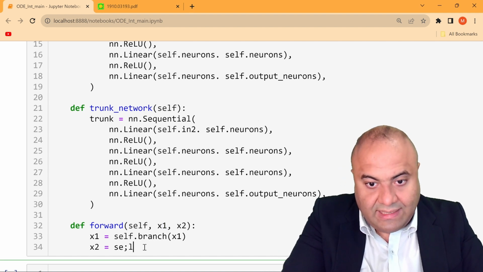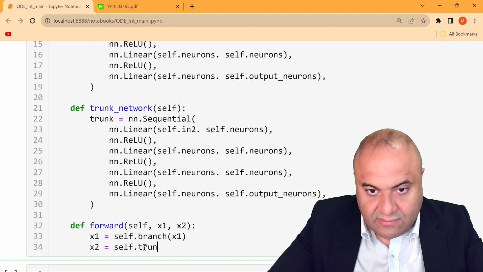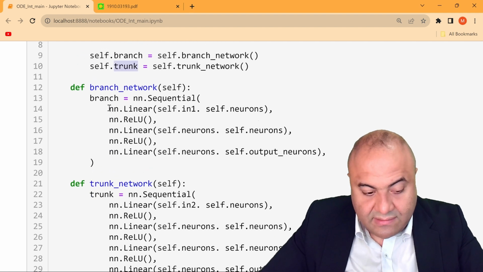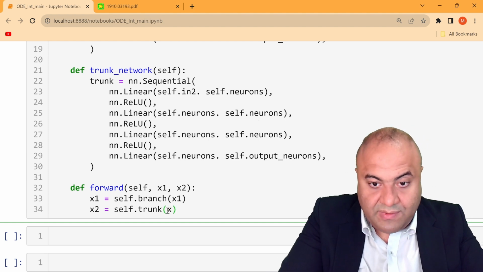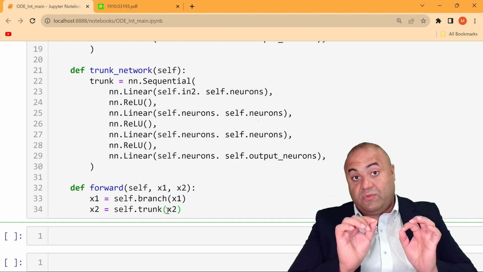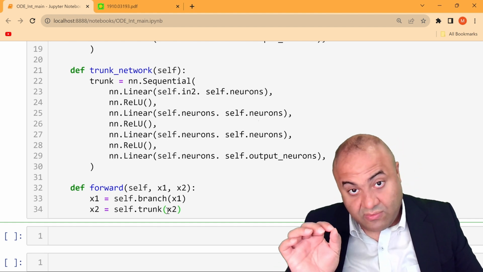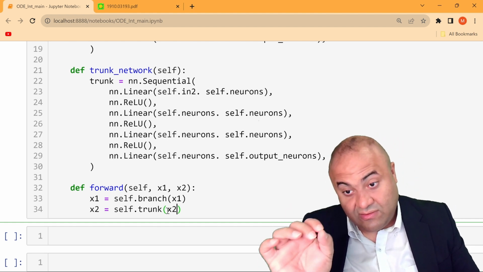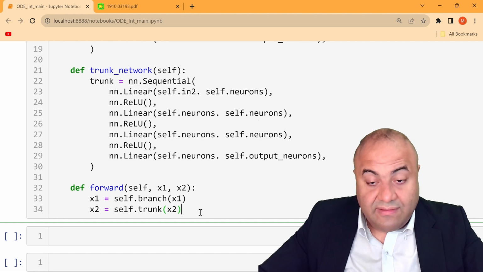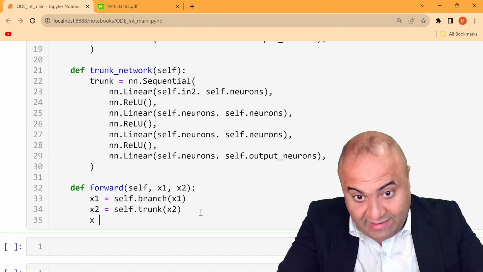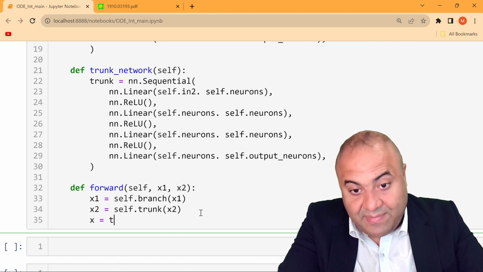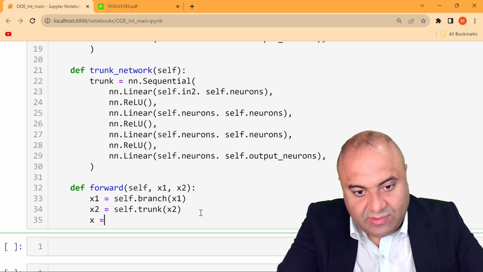Here, self dot trunk, and here is going to be the second input, that is the location, basically the exact location in which we need to do the integration.